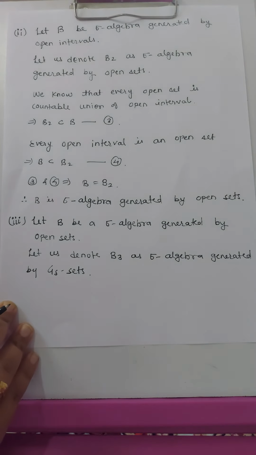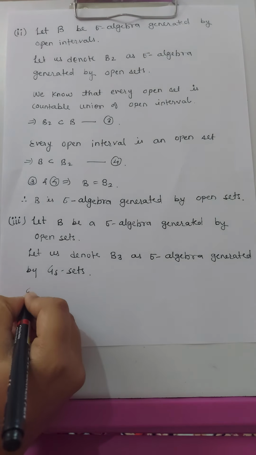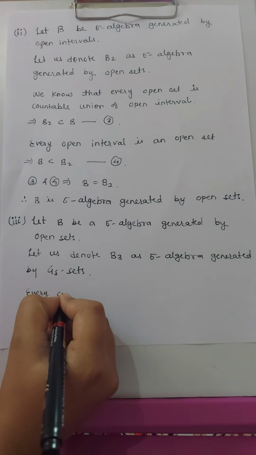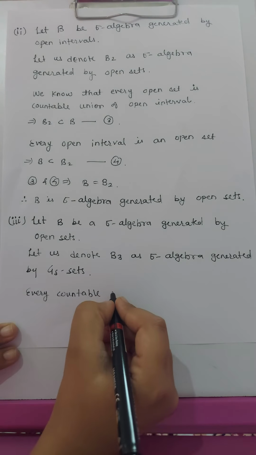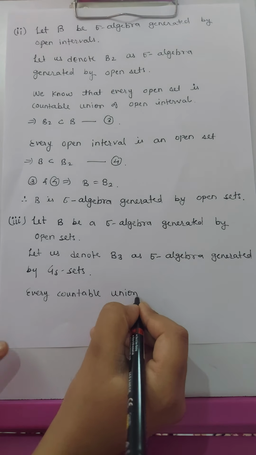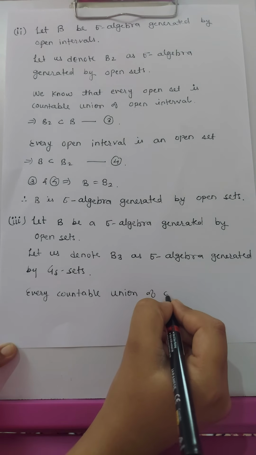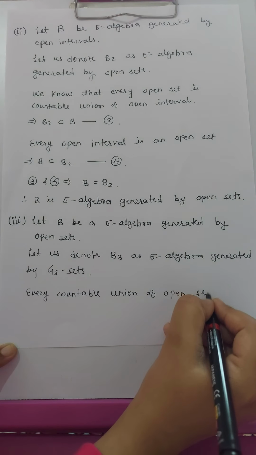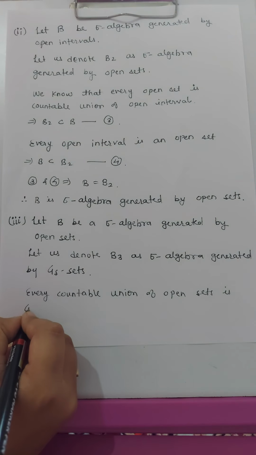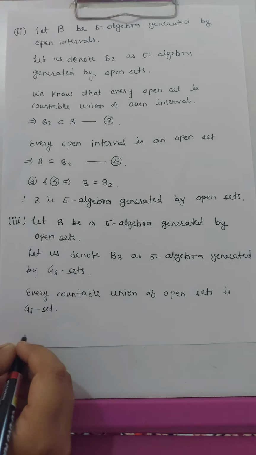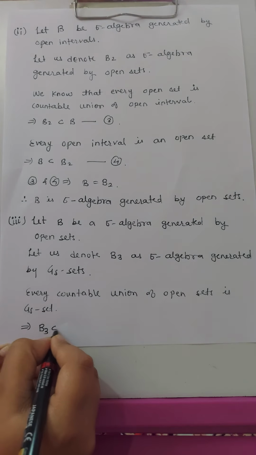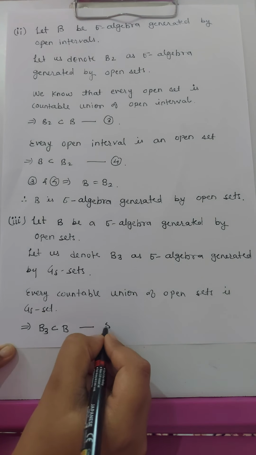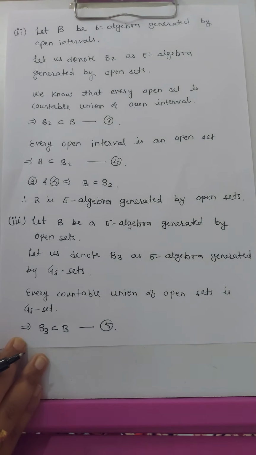Now we know that every countable intersection of open sets is a G delta set, by definition of G delta set. So this implies that B3 is a subset of B. So let it be number 5.